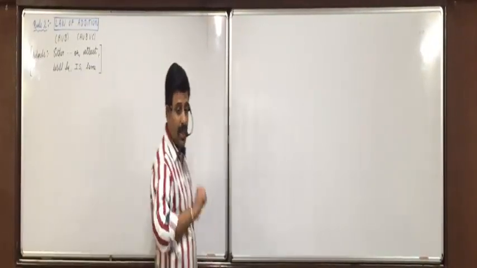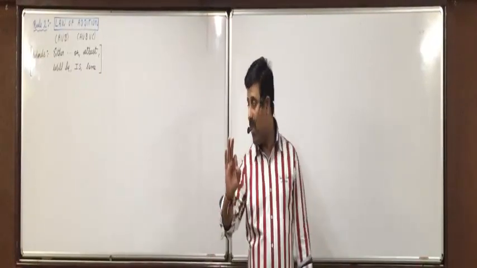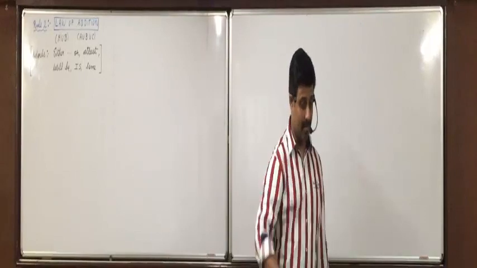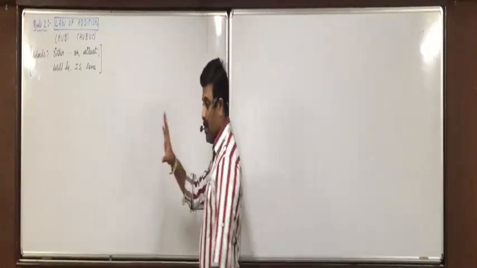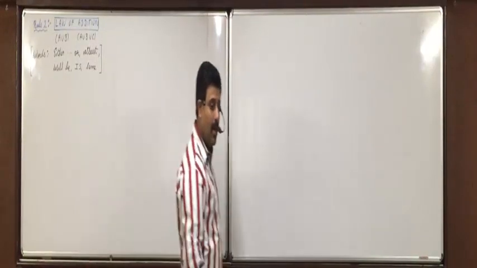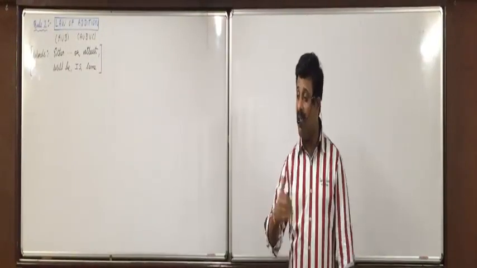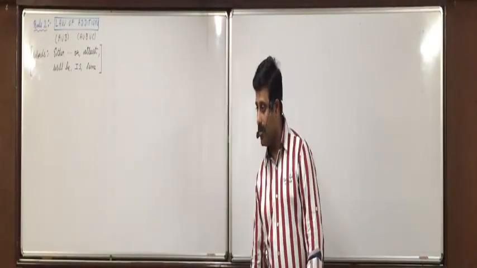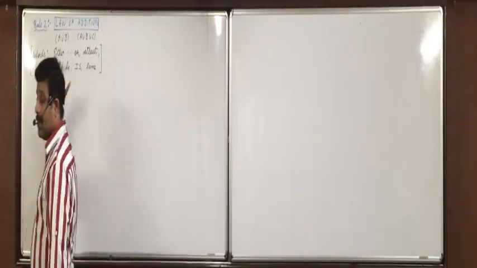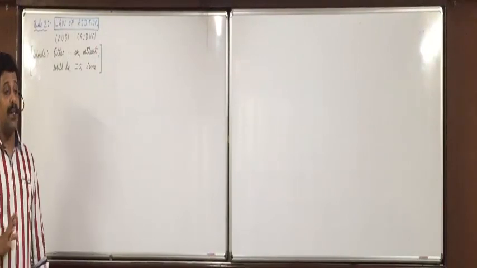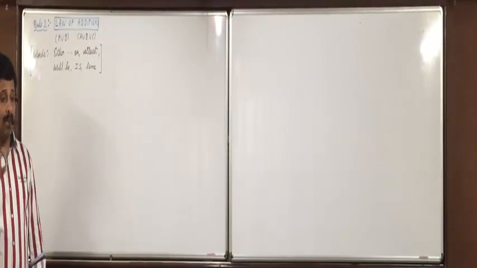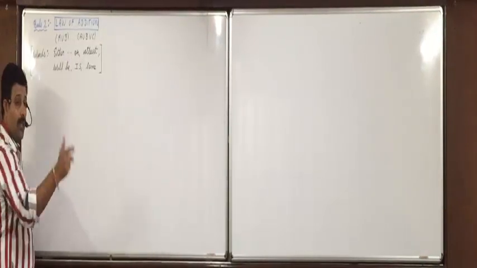Suppose I say that a problem of probability is given to Sara and Dara. One question of probability is given to Sara and Dara. Now what is the probability that the problem is solved? What does it mean? Either Sara solves it, or Dara solves it, or both solve it.